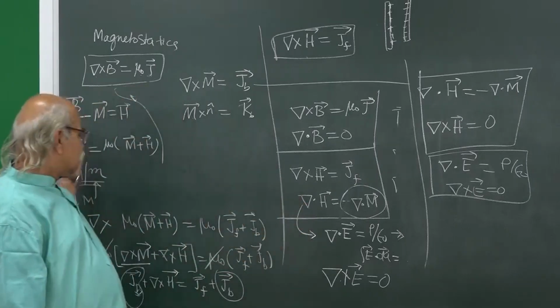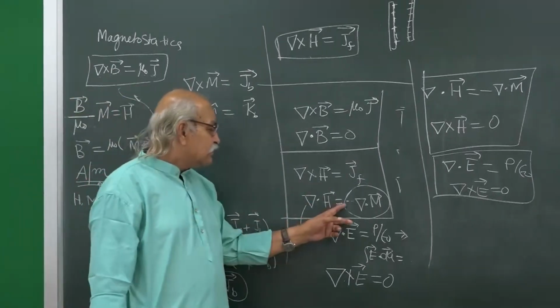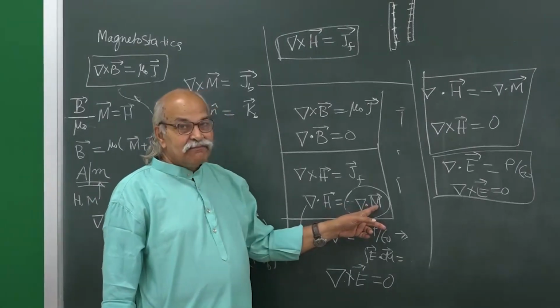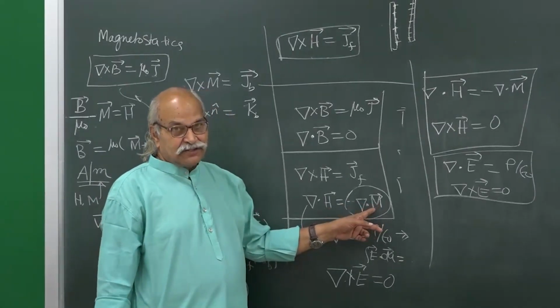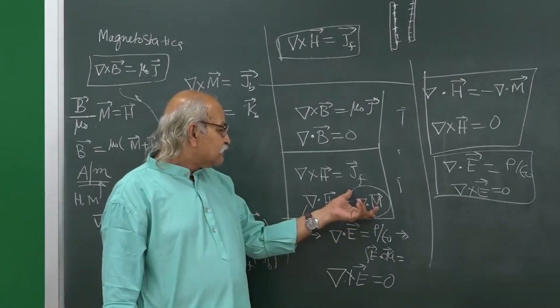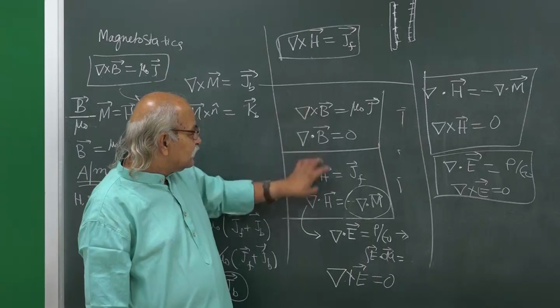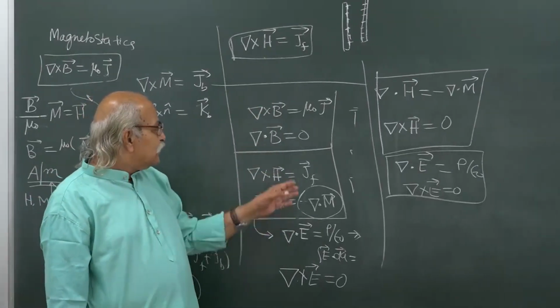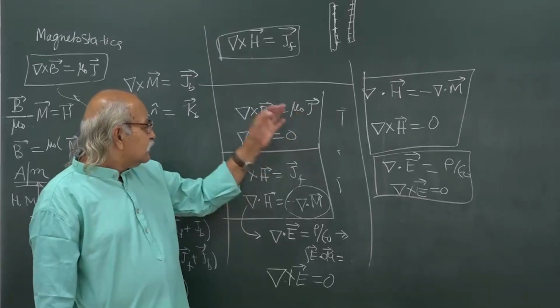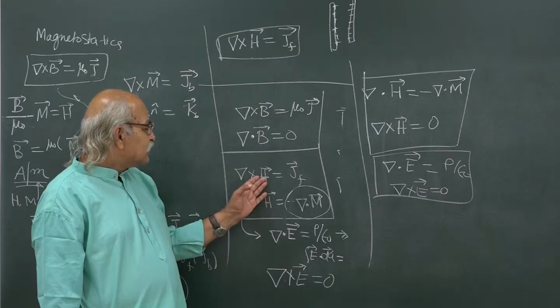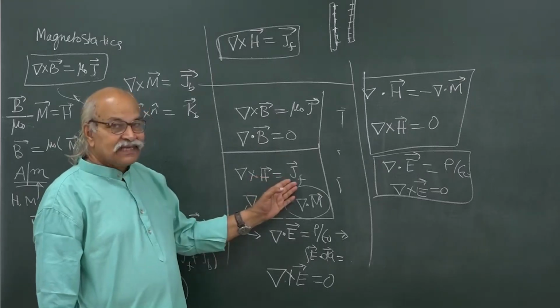From the definition, it is minus divergence of M. M is the magnetization. So, if divergence of M is 0 everywhere, then yes, this set of equations and this set of equations are identical, and the way you get B from J, the exactly same expressions you can use for H resulting from J_F.